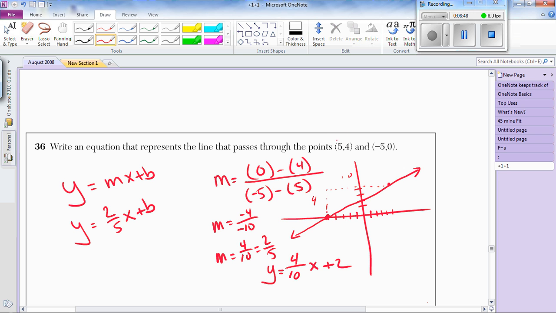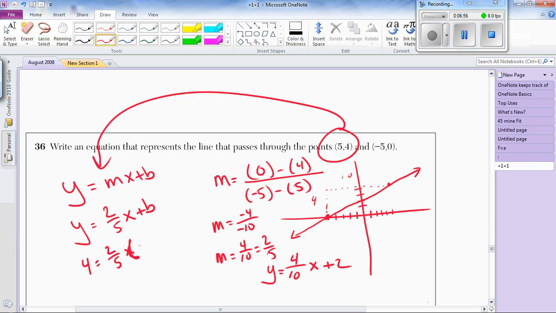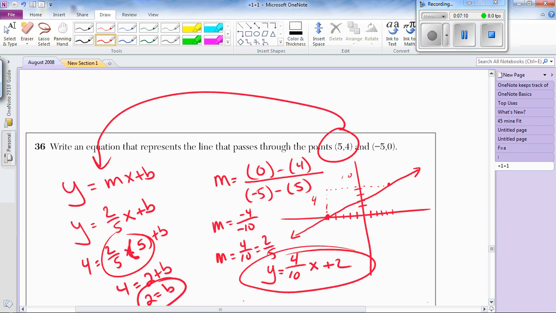I'll plug in this point, it's just easier. 4 equals 2 over 5x plus b. If you did this math in your calculator or in your head, you would get 2. So subtract, I get b equals 2. So that's the equation.